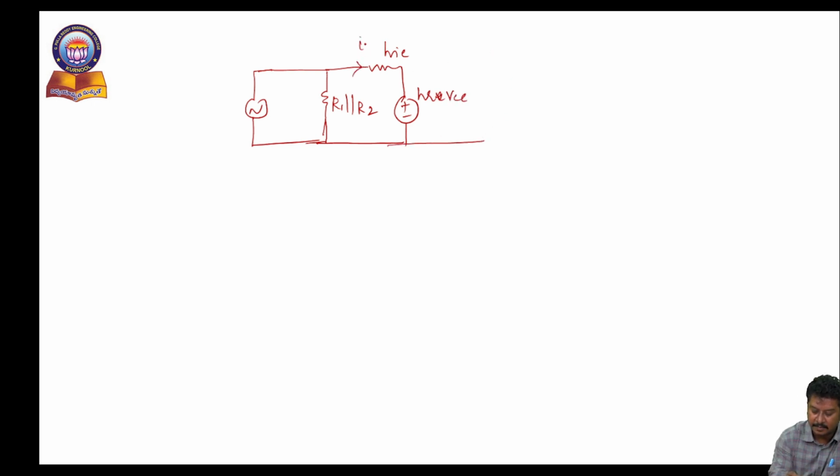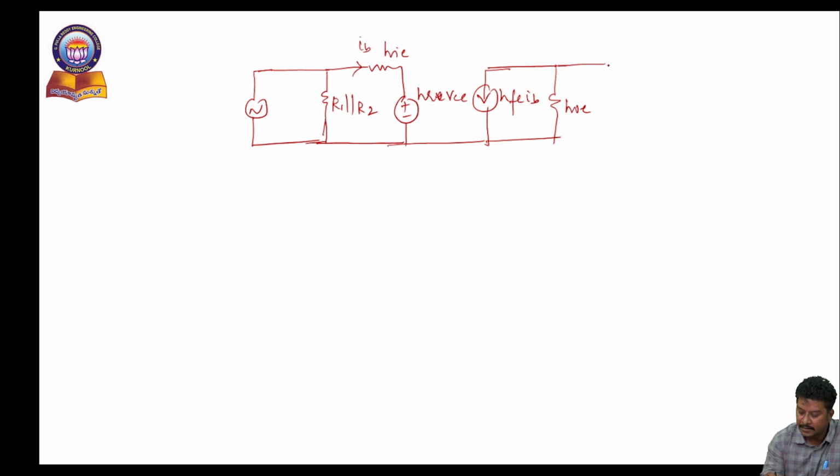This is IB, the dependent current source HFE IB, and HOE. And finally the output resistance R0, which is parallel with RC. And here also R1 parallel with R2 I am considering as RP.